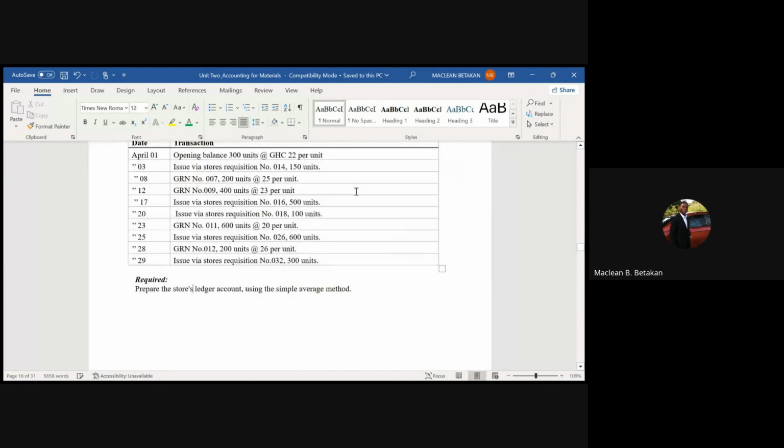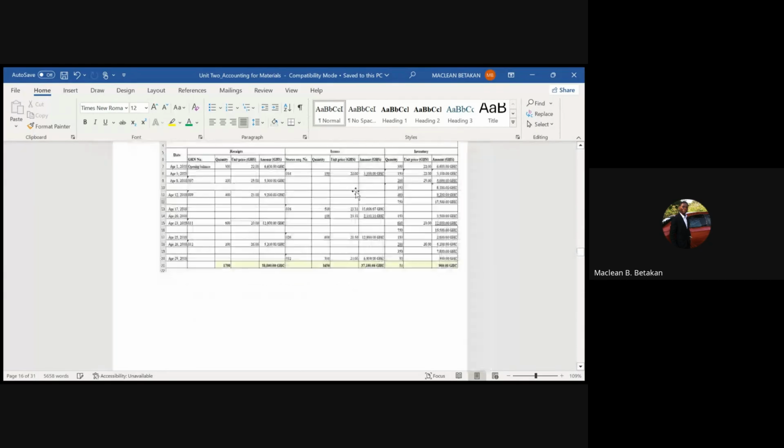Now the next day you are going to issue again. You issue 100 units. So if you issue 100, you see the price there in the inventory is now one price, right? You now use that divided by one, you will still get 23.33. Then you use it to value the 100 issued.